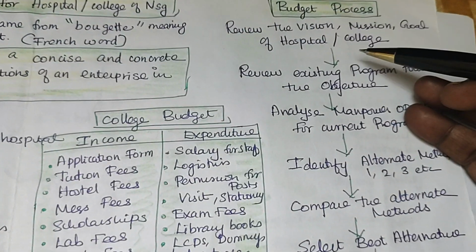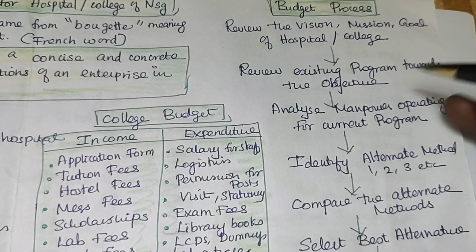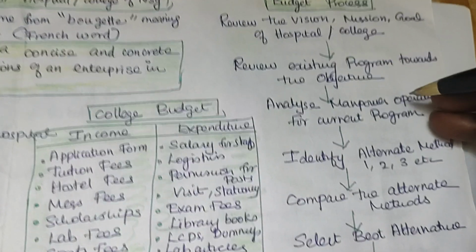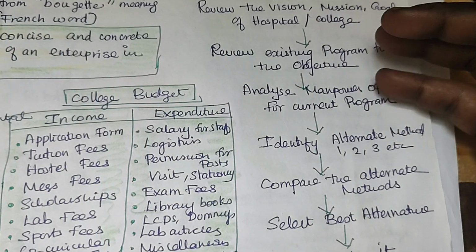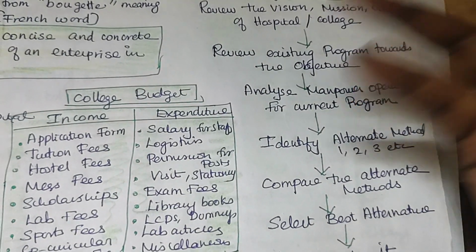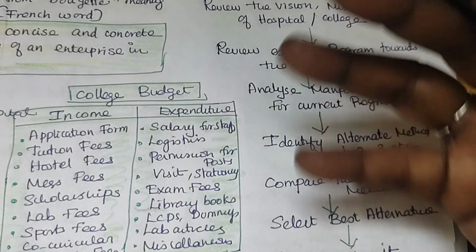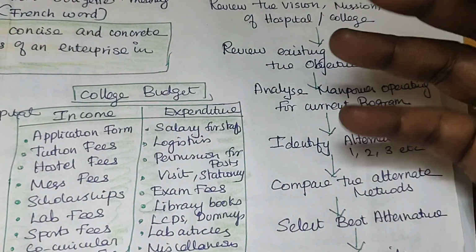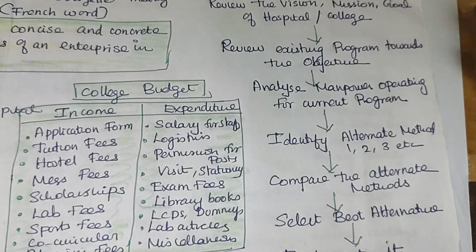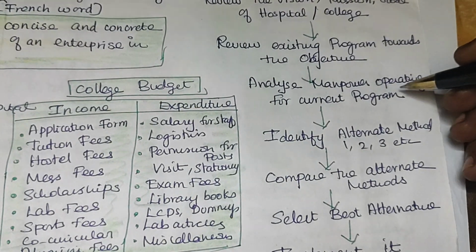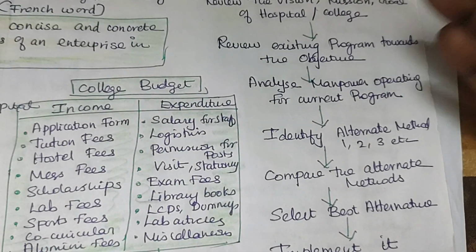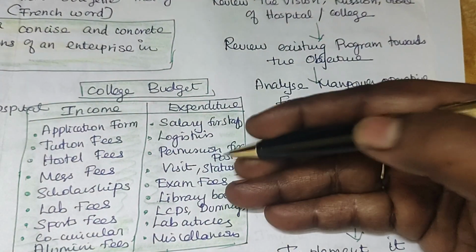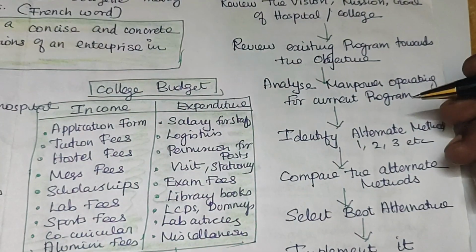Review the existing program: what is the current program going on, is it going towards the objective, or do you want to make the vision wider, covering some more cities, reaching our services throughout the villages? So expenditures are increasing. So analyze the manpower, and if you are going to arrange a mobilizing van or extra logistic services, that must be invested and must be reflected in the budget.